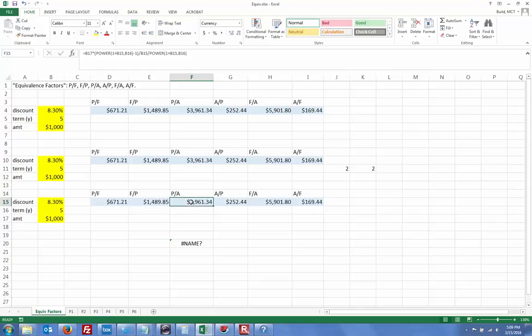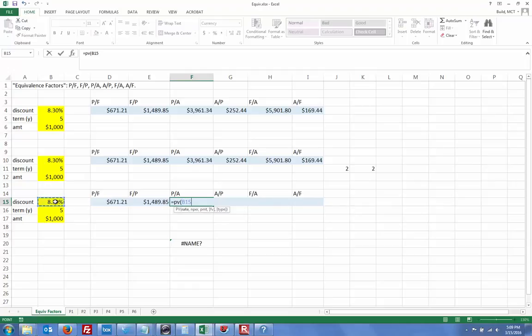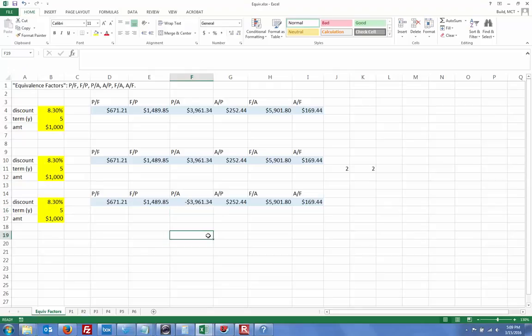PV, so equals PV. The rate is 8.3. The number of periods is 5. The payment is 1,000. Boom. My formula must just be wrong.